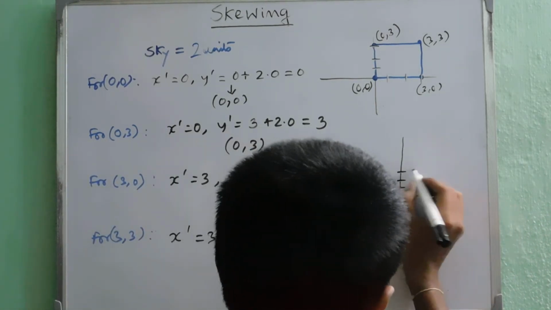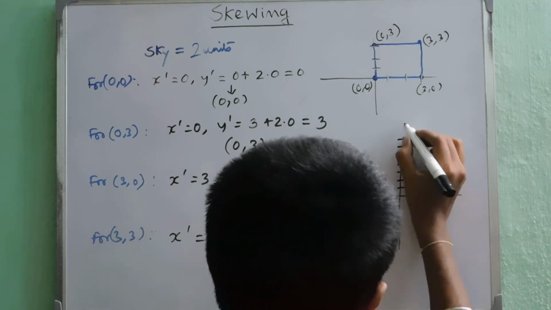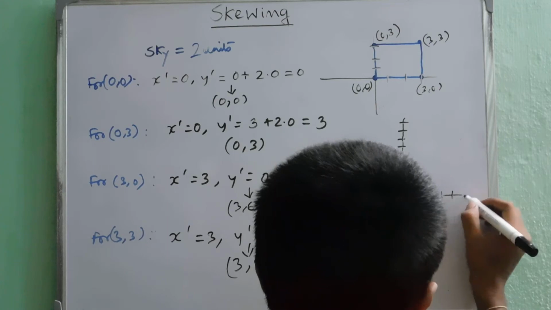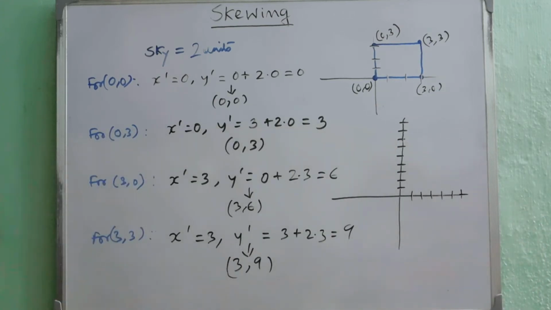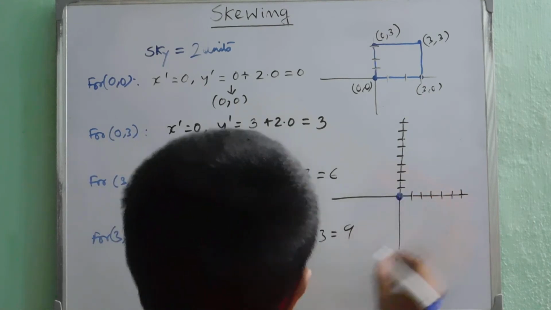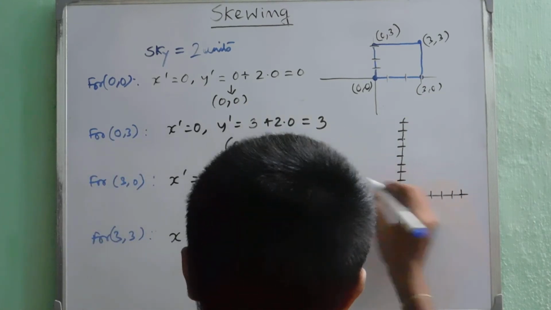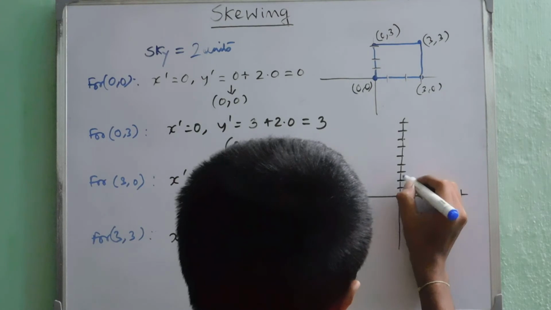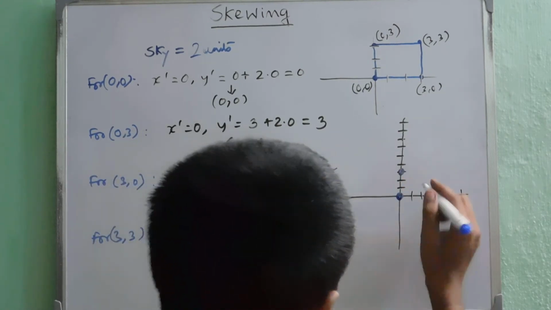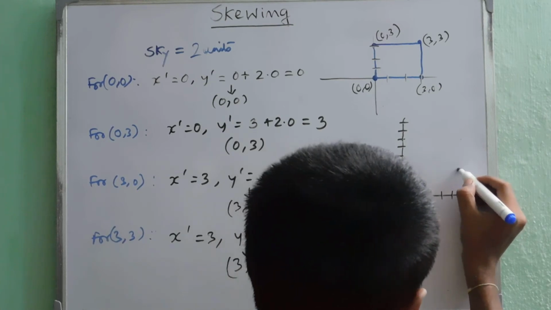First one is 0, 0, here. Then we have 0, 3, that is 1, 2, 3, here. Then we have 3, 6, that is here.